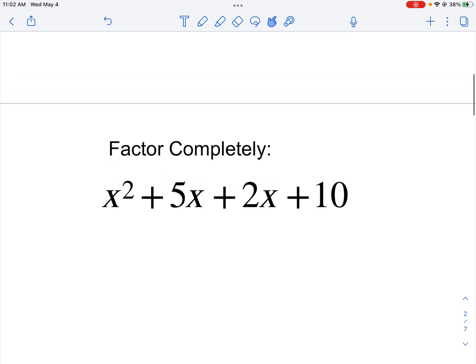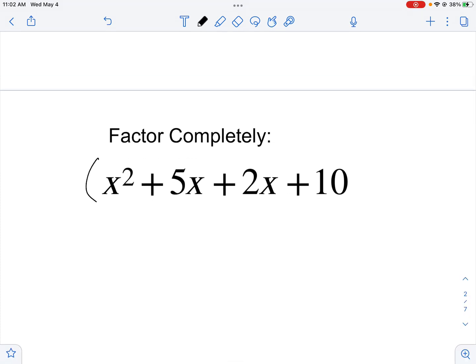I'm going to look at the first two, and I'm going to look at the last two, and talk about what they have in common. This is x squared, which is really just 2 x's, and this is 5x. So the most I can take out of both of those is an x. But if I take out an x, that leaves me with x and just 5.